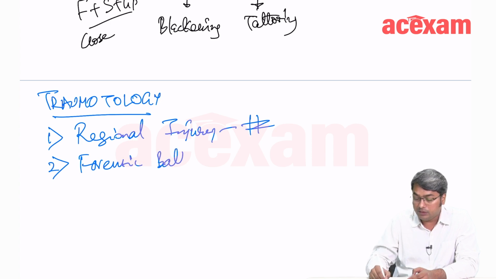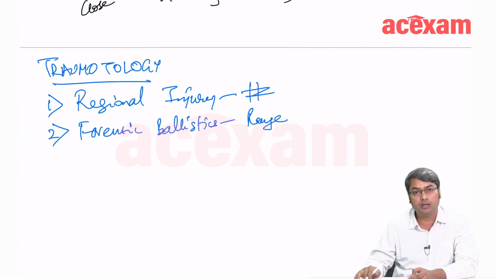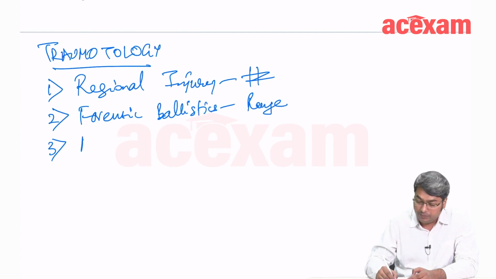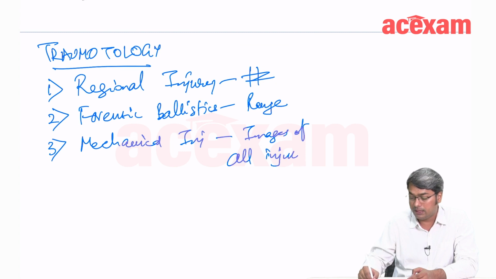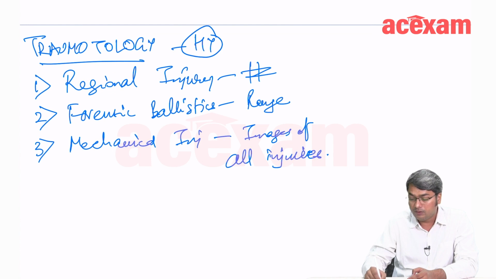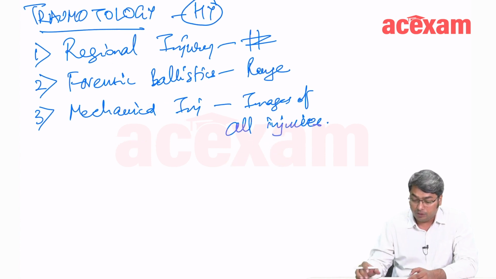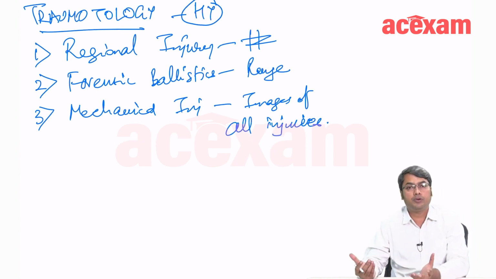They are asking image based questions about the range of fire and other relevant topics, and also mechanical injury, especially the images of all injuries, right. So, these are the important high yield topics which have to be studied. From this they can ask different types of questions like reasoning, assertion and image based also.